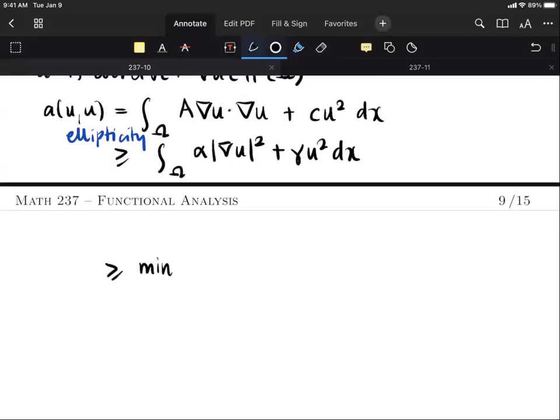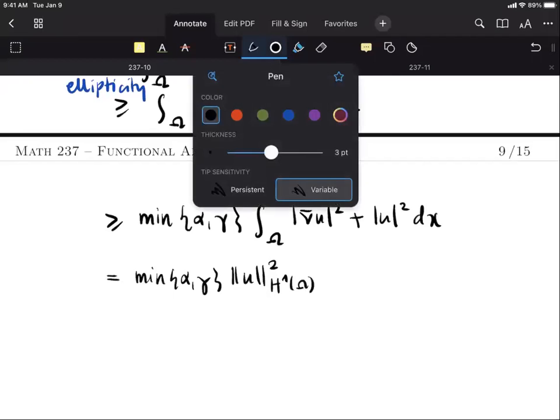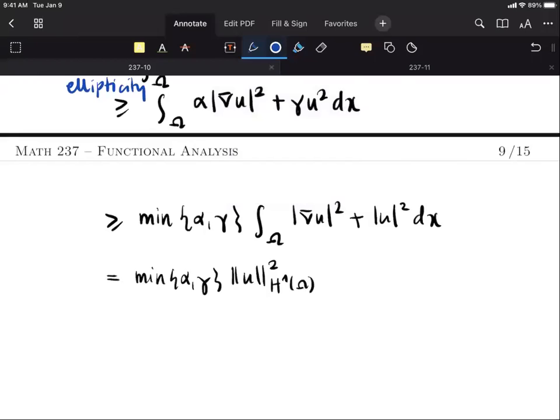And taking the minimum between alpha and gamma, we end up with this term. And of course, this integral term is nothing but the H1 norm of U squared. And due to our assumption, alpha and gamma are positive, so this is also positive.